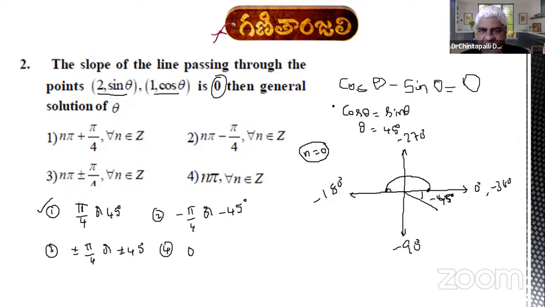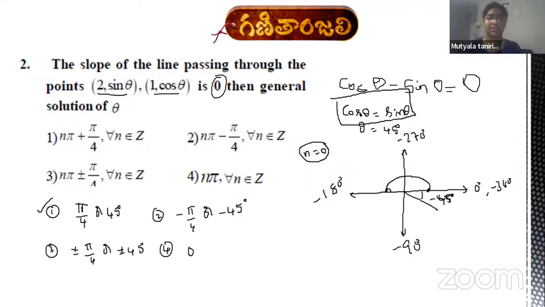And clearly, the statement cos theta equals sin theta gives only 45 degrees. We got only this statement, so there is no scope for negative here.